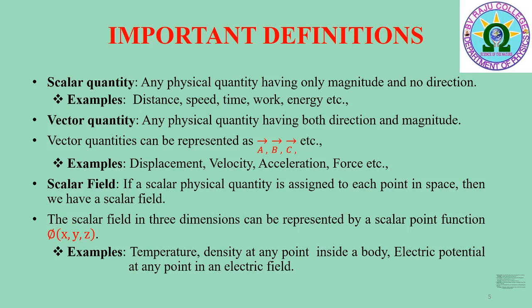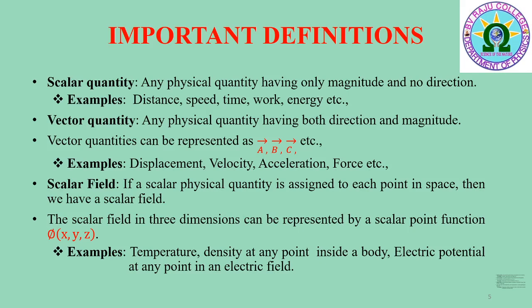That means in vector analysis, we have two types of fields, scalar field and vector field. In the first case, the scalar field. That means in the scalar field, every point is represented by a scalar physical quantity. The scalar physical quantity can be represented as phi of xyz.